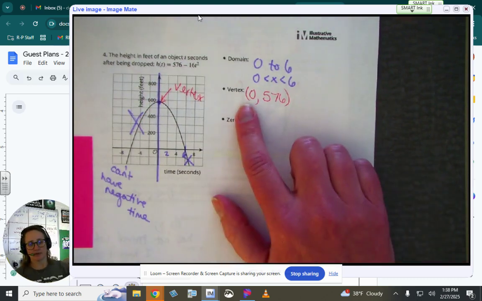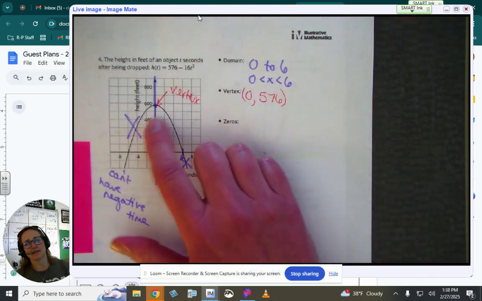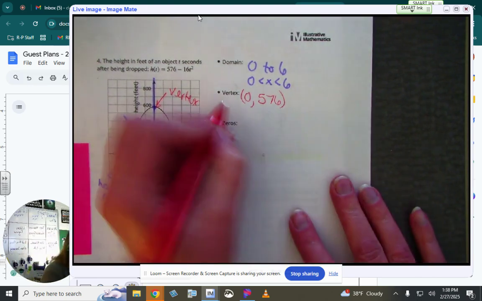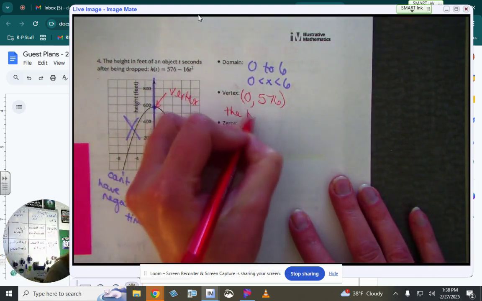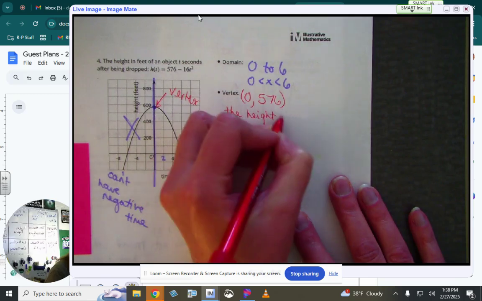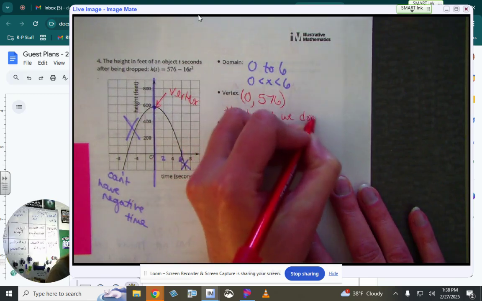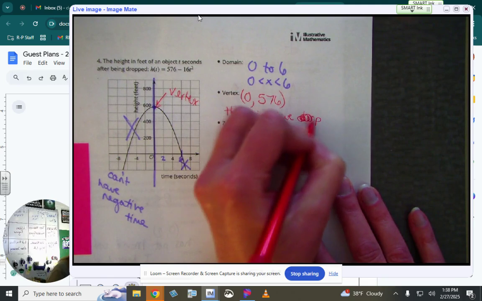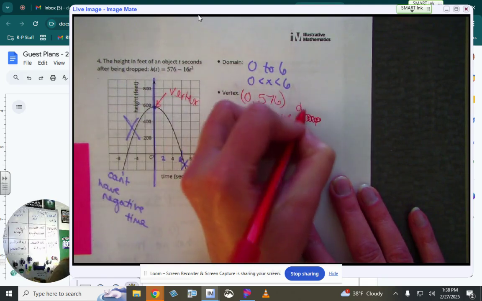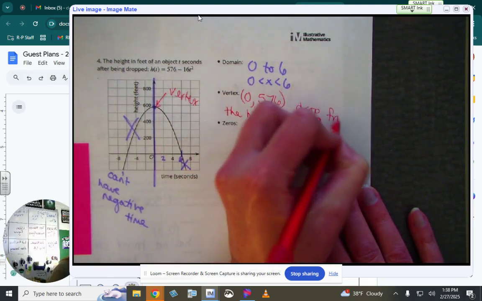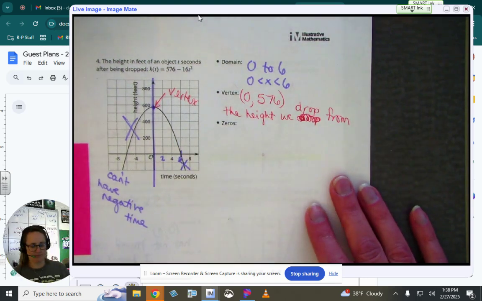What that tells me about the vertex is that that's the height that I'm dropping it from. So the height we drop from.